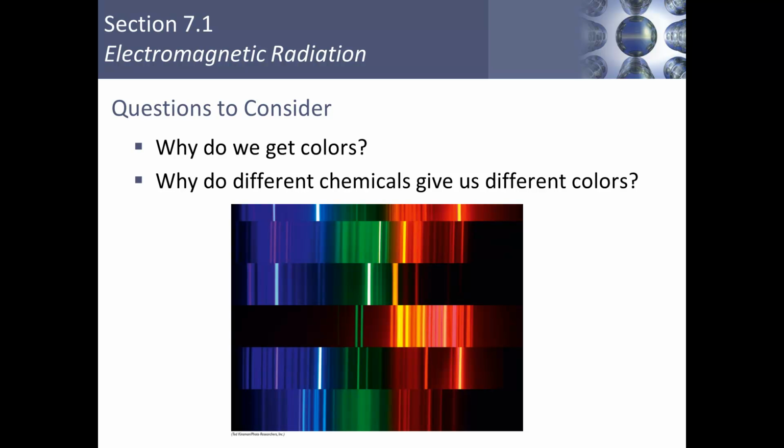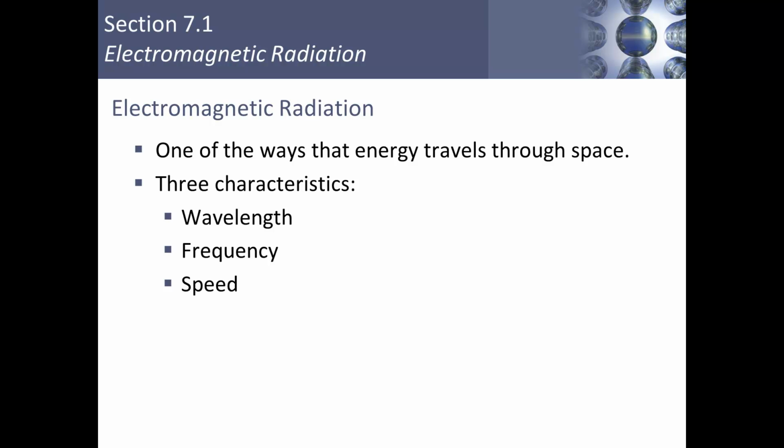So we're going to first look at properties of light called electromagnetic radiation. All forms of light, sunlight, microwave oven rays, X-rays, the heat from your fireplace are all examples of electromagnetic radiation. Electromagnetic radiation is one form that energy takes in traveling through space, and these waves have characteristics such as wavelength, frequency, and speed.